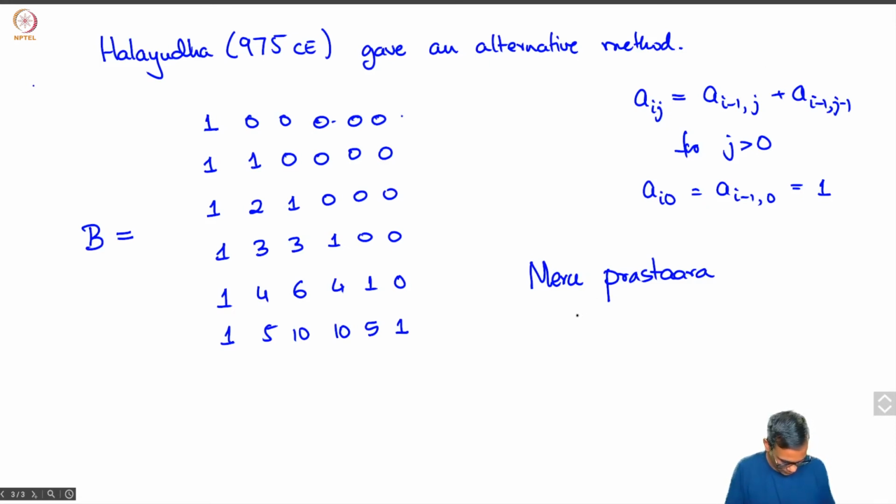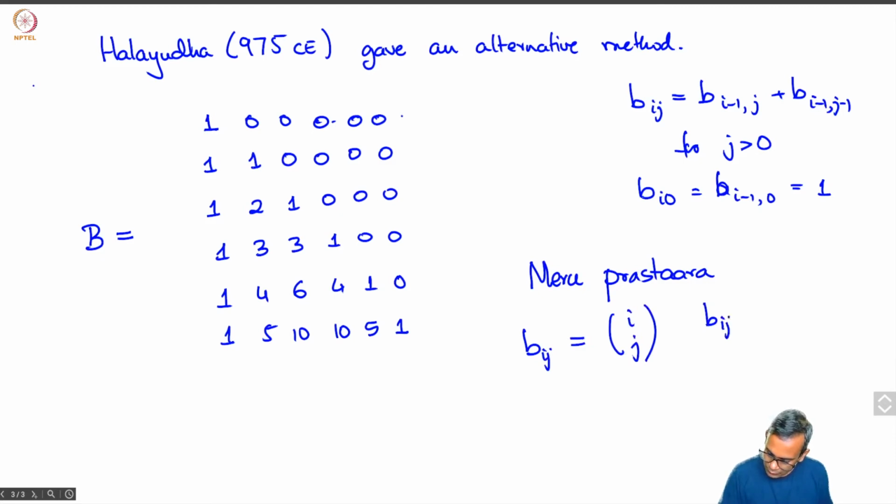It's what people often call Pascal's triangle, and maybe I should call this B here, since this is a matrix B. And B_ij is nothing but i choose j. So note that B_ij is positive if and only if i is greater than or equal to j.